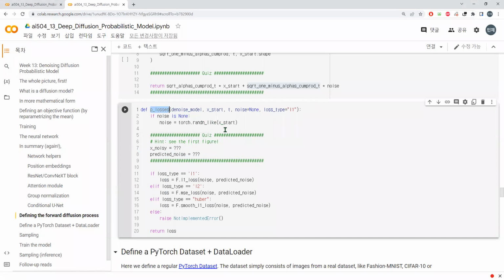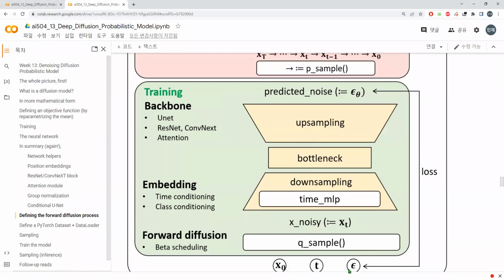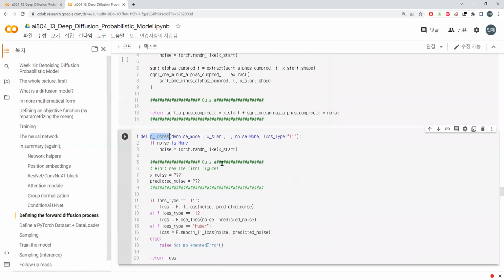The objective of this p_losses function is to close the gap between this real, already sampled epsilon and this epsilon theta, which means the noise predicted by the U-Net. So this will be the output of the q_sample function, and this will be the output of the U-Net model, which is named denoise_model in this argument. Fill the blank, please.